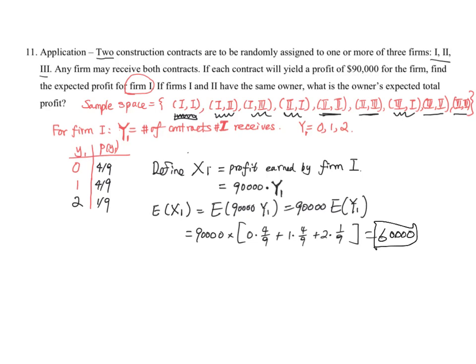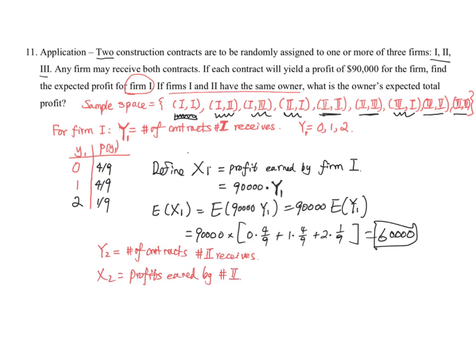Now, the second question is, if firms number one and two have the same owner, what is the owner's expected total profit? Similarly, we can quickly define Y2 to be the number of contracts firm number two receives, and X2 to be the profit earned by firm number two.